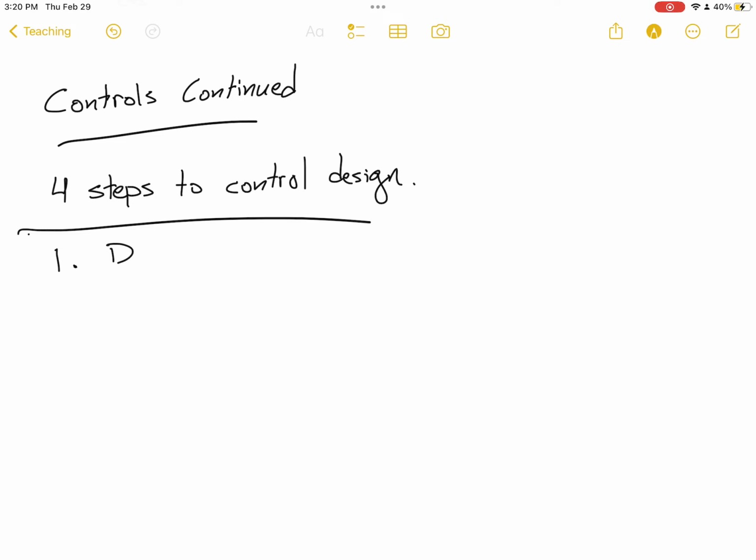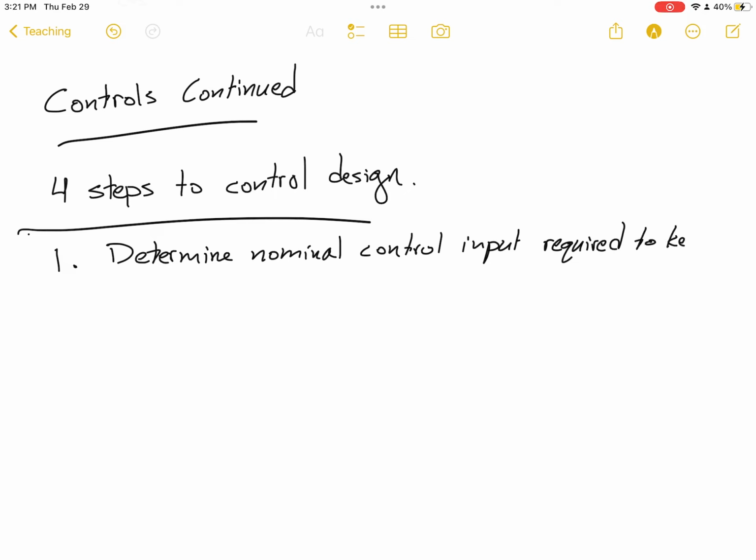to keep the system at the desired state.